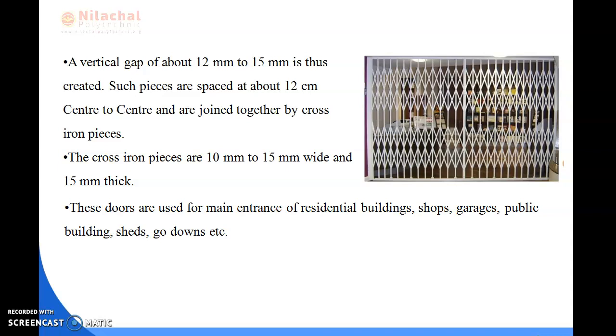The cross iron pieces are 10 mm to 15 mm wide and 15 mm thick. These doors are mainly used at the entrances of residential buildings, shops, garages, public buildings, sheds and godowns. So these doors are used in this type of buildings.